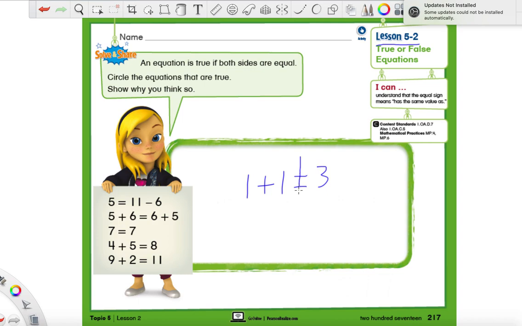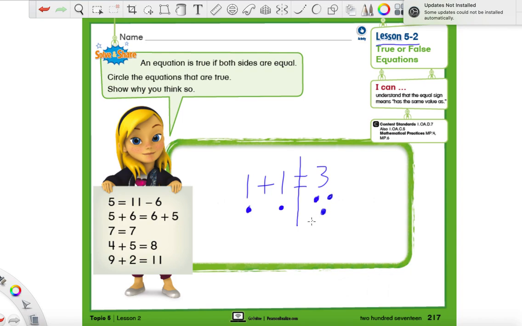Again, if you use the little fence, we'll call it the fence method, because we're building like a little fake wall between our numbers. So again, how many dots do I draw for 1? Well, I'll just draw 1, right? And then I have another 1, so I make another dot. And then on the other side of the fence, I have the number 3. So I'm going to make 3 dots.